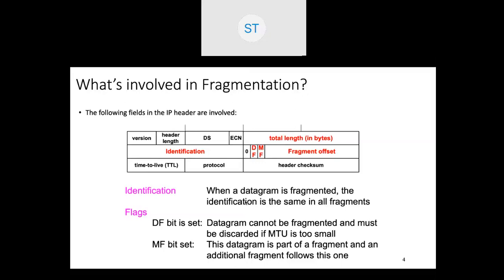Then total length, because it tells how much payload is in that fragment. Then DF, a flag called do not fragment. MF is the flag which indicates more fragments, and the offset. All these fields together give the information regarding how the data is fragmented and how to reassemble it.